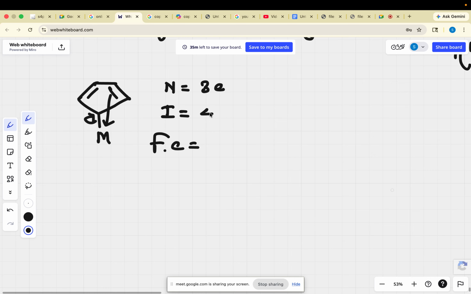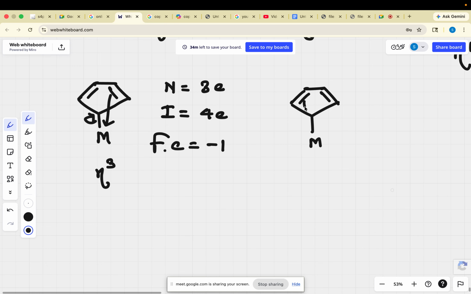So 4 electrons: 2 electrons from this double bond and 2 electrons from this negative charge. Formal charge will be -1. And eta value will be 3, because here the double bond means these two bonds and here one bond, so eta 3. Okay, good. Another one: suppose you have this, and here you have metal center.